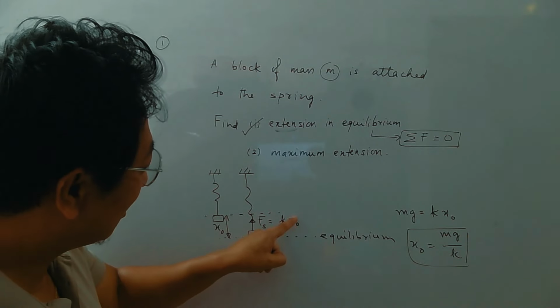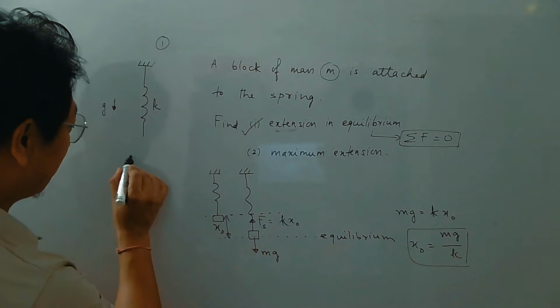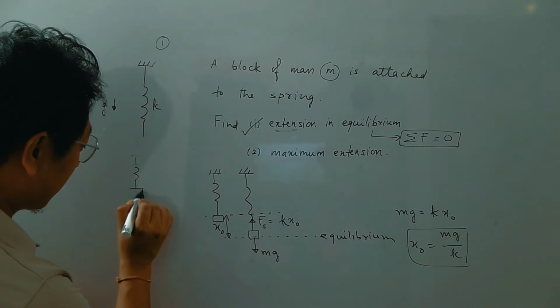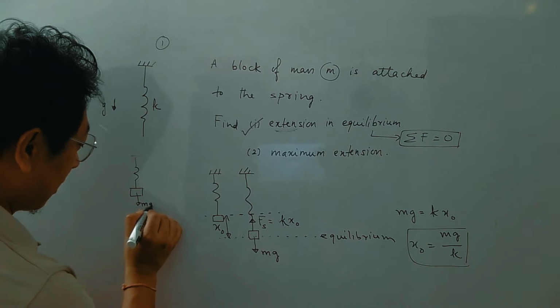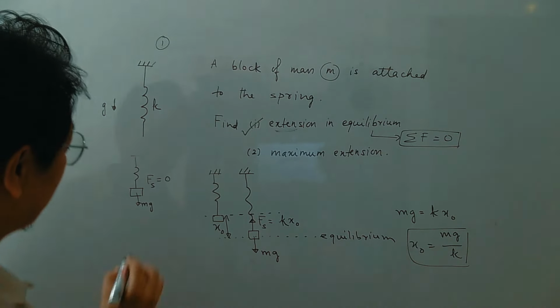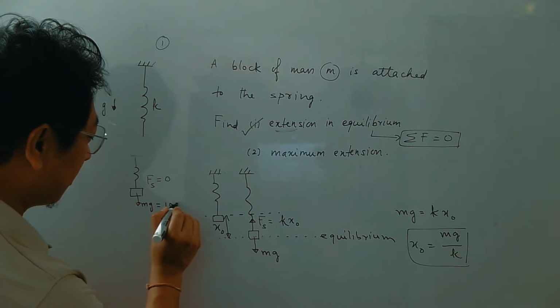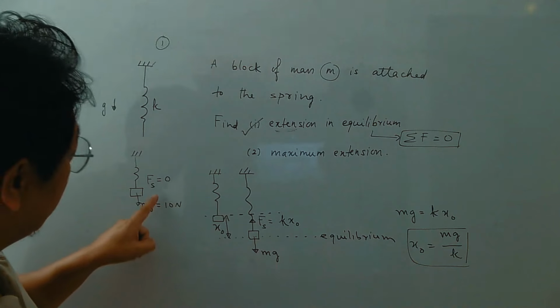So if x is 0, spring force will be 0. So when you first connect the block, there will be gravitational force and no spring force at the start. Let us say gravitational force is 10 Newton. So what is the net force right now? 10 Newton, because this is 0.